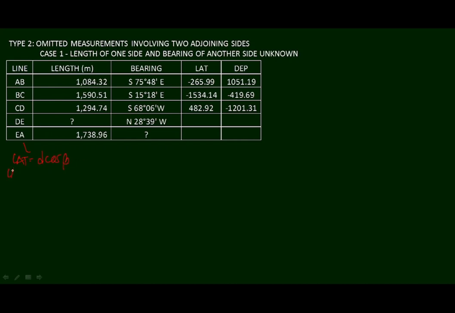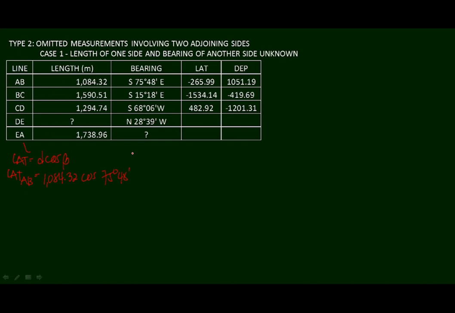So for the latitude of line AB, that is simply equal to 1084.32 times the cosine of that bearing, 75 degrees 48 minutes. Kindly verify if my solution is correct. Do not merely stare on your screen, but grab your calculators and your pen and your notes and try to input these values in your calculator to verify my answer.